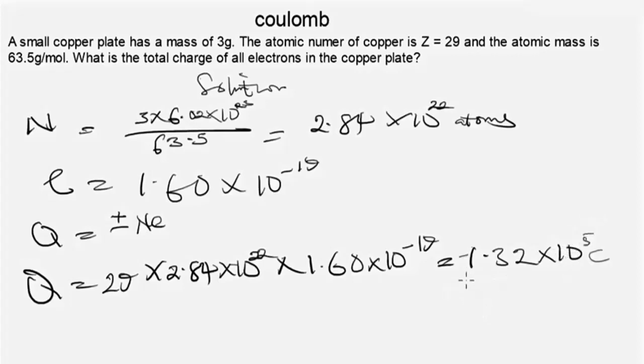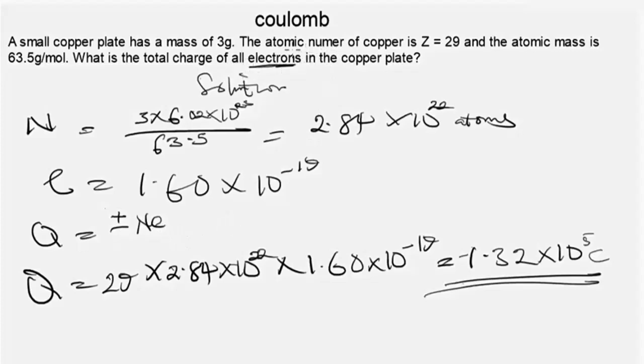Now notice that I added a minus sign here. The reason for this minus sign is because the question says what is the total charge of all electrons in the copper plate? Now recall that from our equation, we have Q to be plus or minus Ne. And for protons, we use plus. For electrons, we use minus.